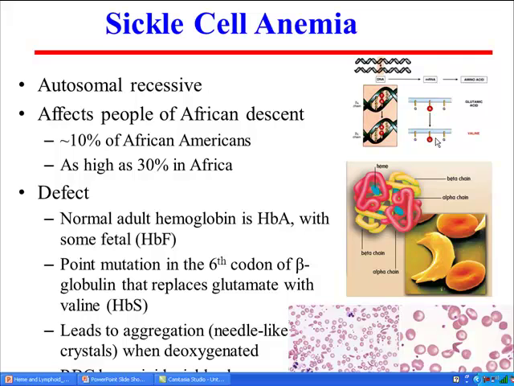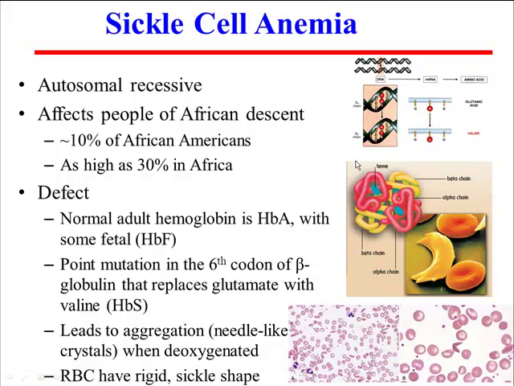During deoxygenation, the hemoglobin S molecules will form long polymers with this abnormal valine residue. These polymers will distort the red cell, and the red cells will assume an elongated, crescent-like shape. So the red blood cells will be rigid and sickled in appearance.